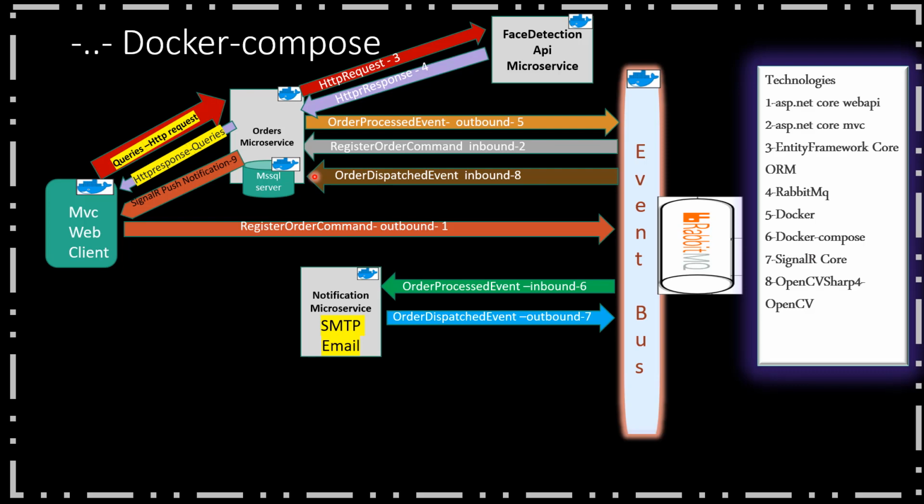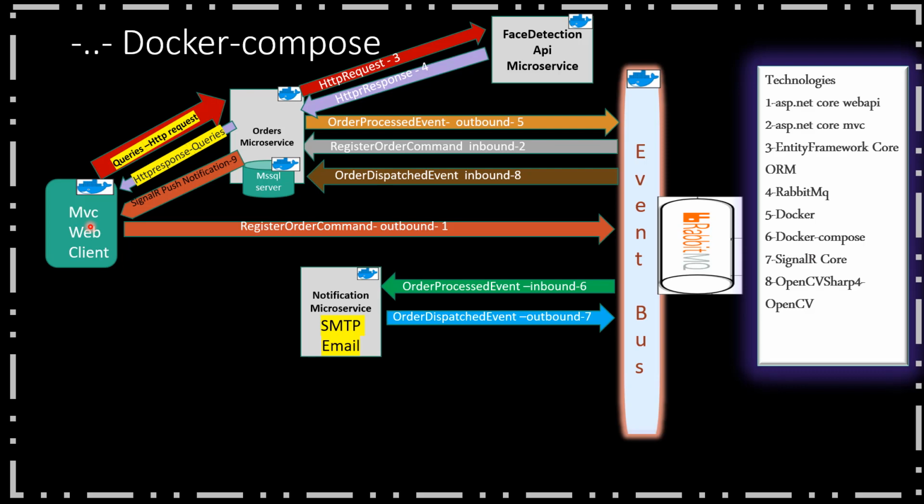Followed by that, the SignalR server incorporated within the orders microservice pushes a change notification to the MVC web client, which then refreshes its order list if that page is open.